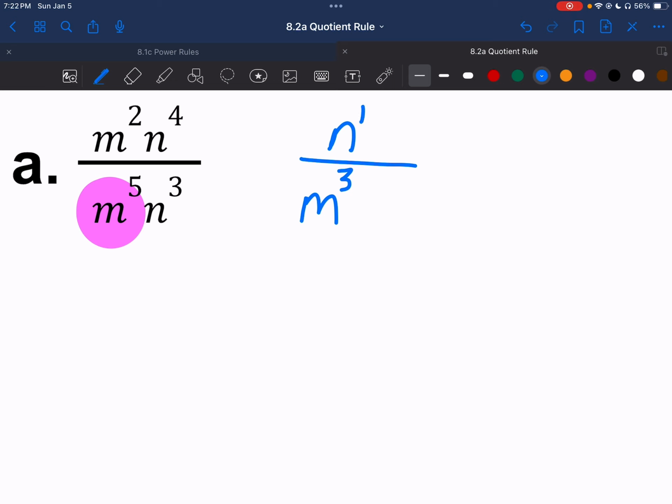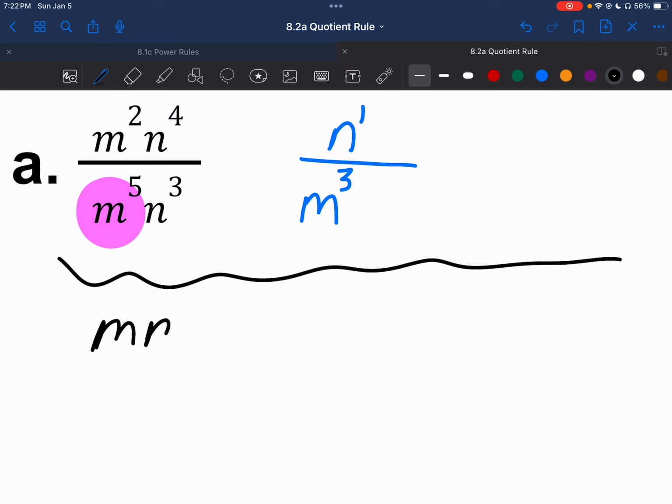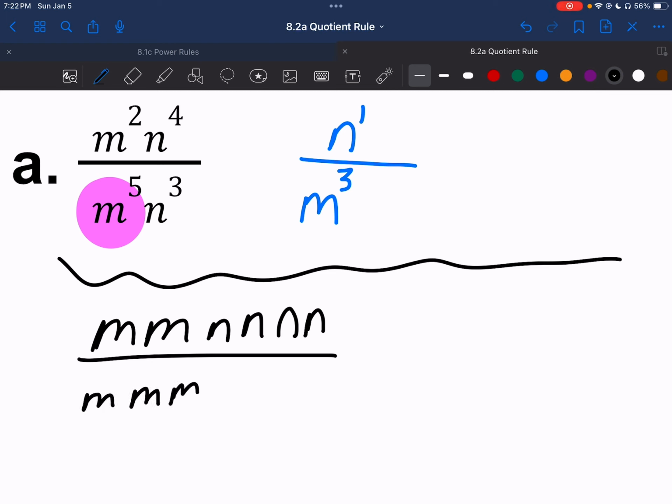All right, so let's look at this another way, our alternate universe way. And let's start with expanded form. So we have M, M, N, N, N, N, right? So 2 M's, 4 N's over M, M, M, M, M, N, N, N. And now let's go through and cancel out what can cancel, right?